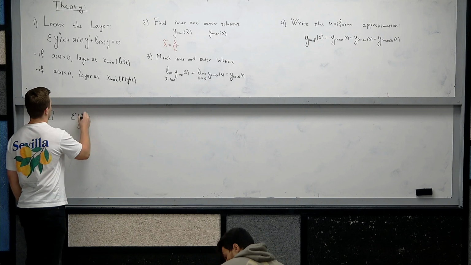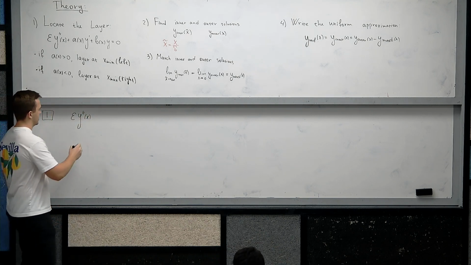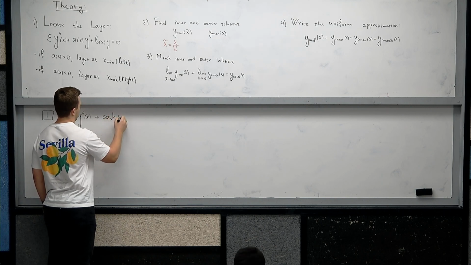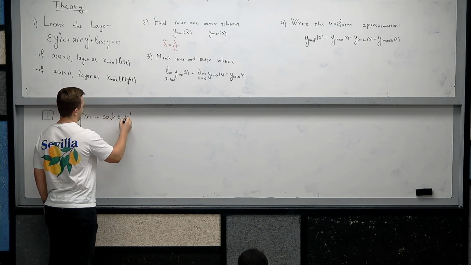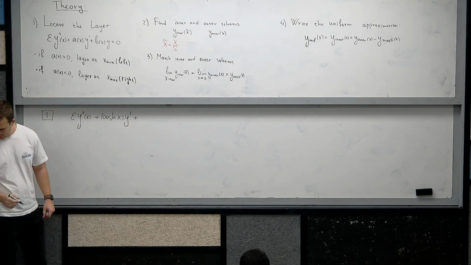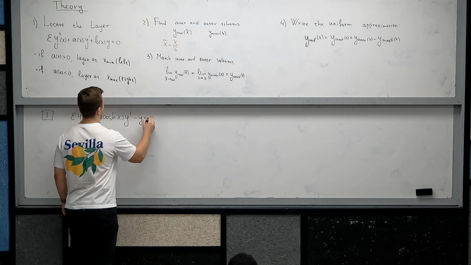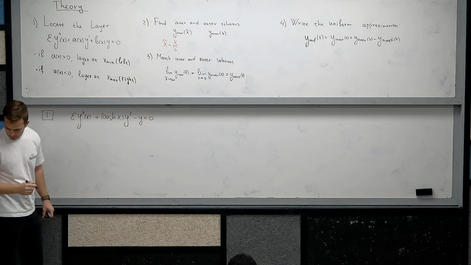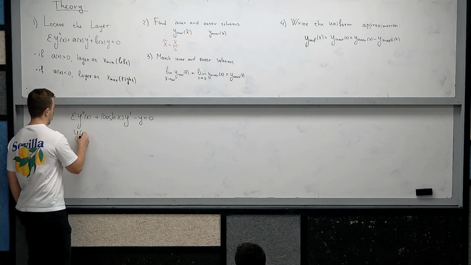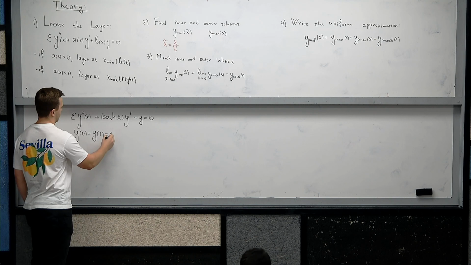Okay, let's start with problem number 1. It's epsilon y double prime plus cosh x times y prime minus y equals 0, and the boundary conditions are y of 0 equals y of 1 equals 1.